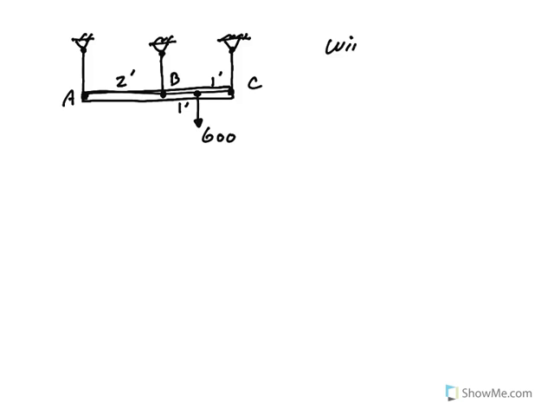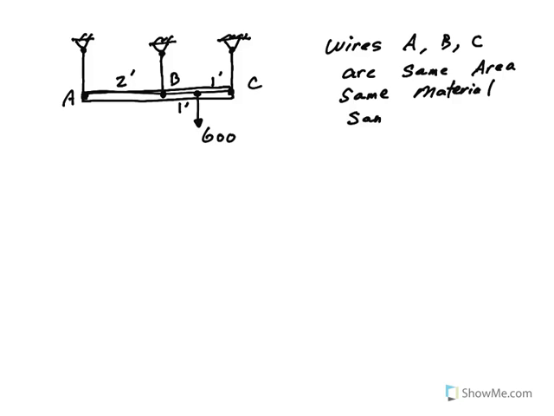So wires A, B, and C are same area, same material, same length. After the 600-pound load is applied, you want to find tension in each wire.